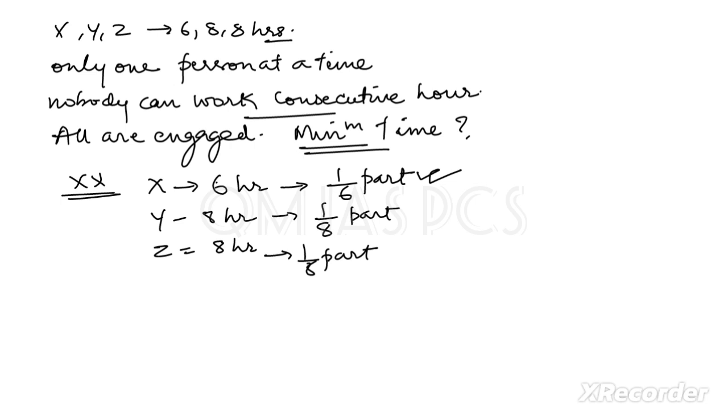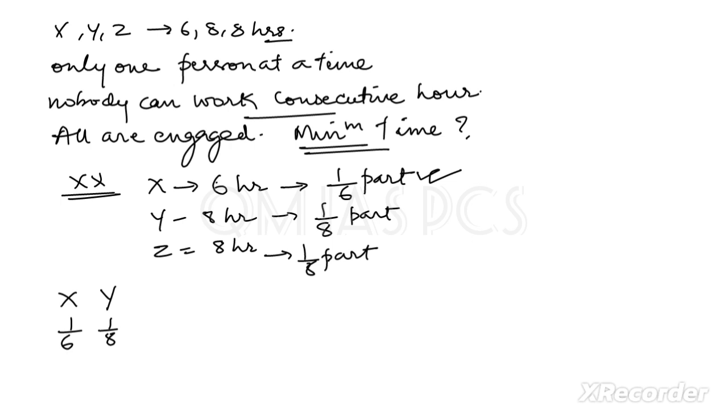So what we will do here is write, we will start from X because X takes the minimum time, doing the maximum work, 1 by 6 part. Then we can employ any person, Y or Z, because both efficiencies are the same. So we can write Y, no problem. So 1 by 8 part is completed. Now anybody can write Z, but I am not writing Z. Why? Think.